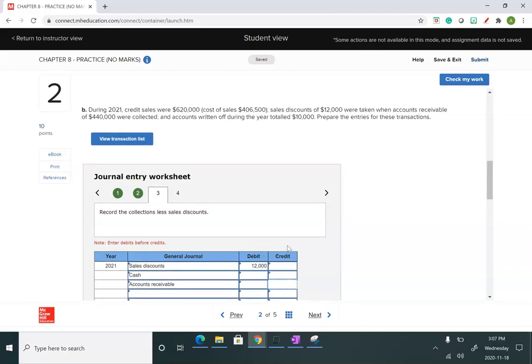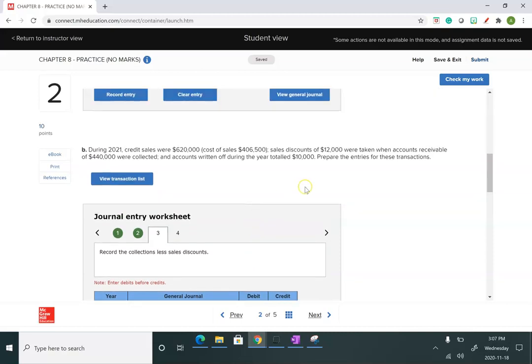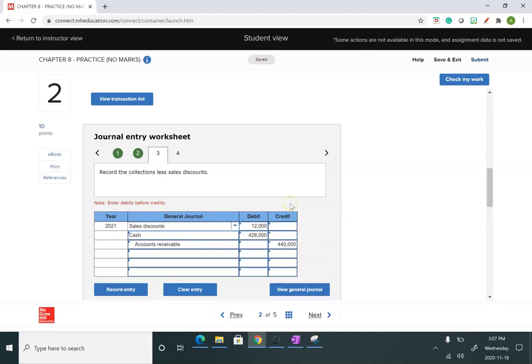So the accounts receivable again was $440,000, and we gave discounts of $12,000. So then the cash is going to be for the difference. So that will be $428,000. So you may be used to journalizing this one separately, because we could do that, calculate the discount separate from collecting the accounts receivable, but we'll just do it this way just because they want a combined entry.